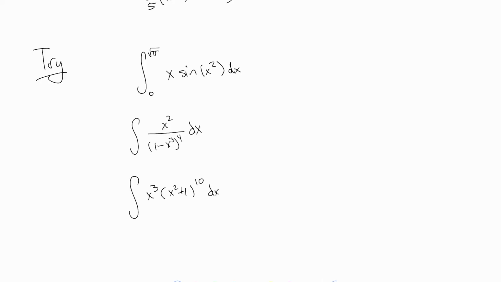You take out an x dx, so that one becomes x squared, and then you solve for x squared, because now you just have x squared, which is u minus 1. You plug in and distribute, and you get u to the 11th over 2 minus u to the 10th over 2, and then negative half cosine.